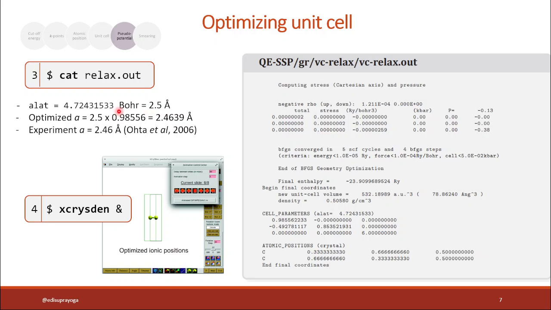Here, the optimized lattice constant is 2.5 times 0.98, which equals 2.46 angstrom, which is consistent with the experimental value of 2.46 angstrom by Ohta et al.